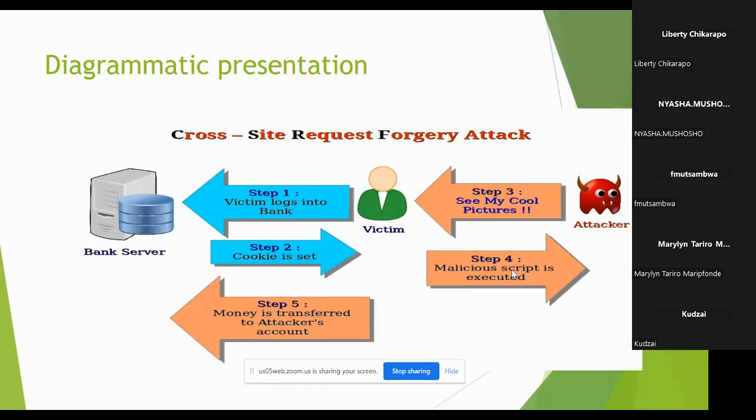The diagram is a representation of the whole process of a cross-site request forgery attack. We start with an attacker who has bad intentions. The victim logs into the bank, then cookies are set, then it may say, see my picture, then the malicious script is executed. Money is transferred to the attacker's account in the bank. You can move on to the next slide.